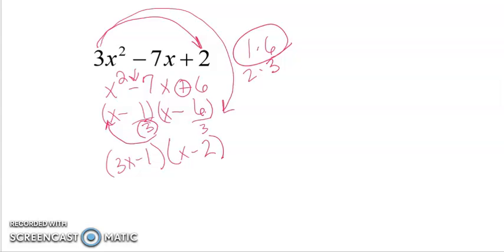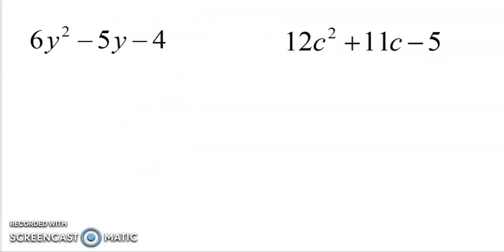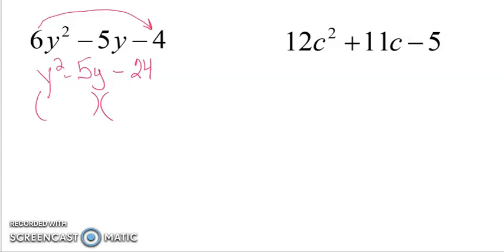Okay? Let's try another one. Let's do one with a minus. Alright. So we're going to slip this back here and multiply. 6 times 4 is 24. We're going to set up 2 factors, 2 parentheses, and split our first term.